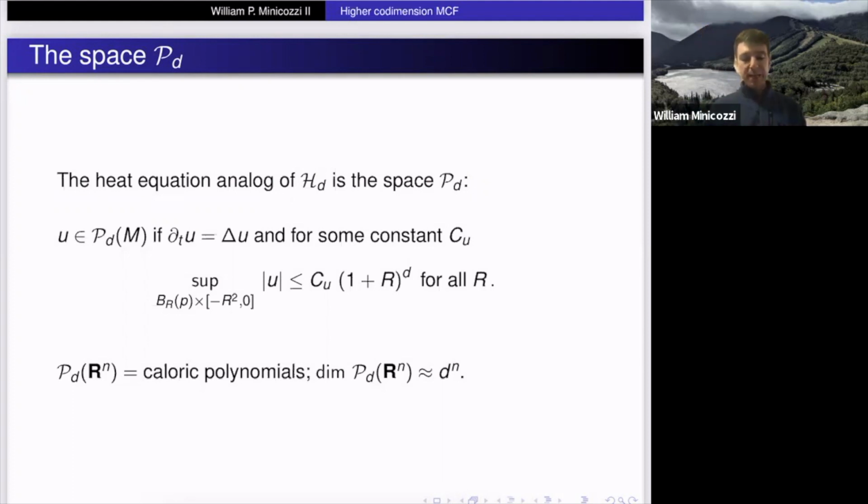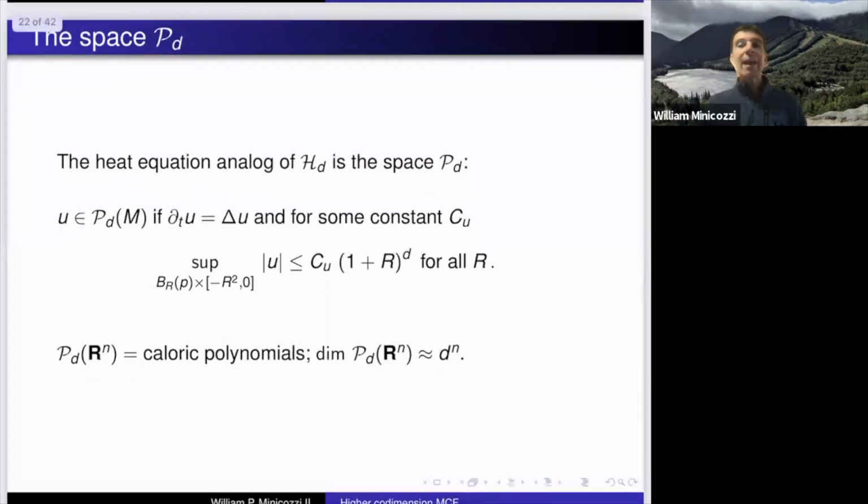These are the spaces PD. On Rn, again, it's easy to see that the only things that satisfy this property are actually polynomials, caloric polynomials. So they're polynomials in both t and the Euclidean variables. And the dimension of PD is d to the n here on Rn.